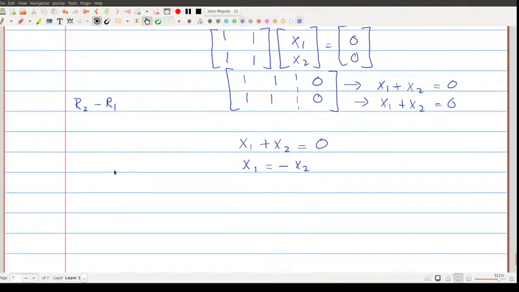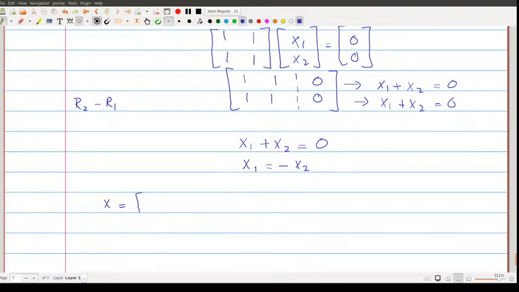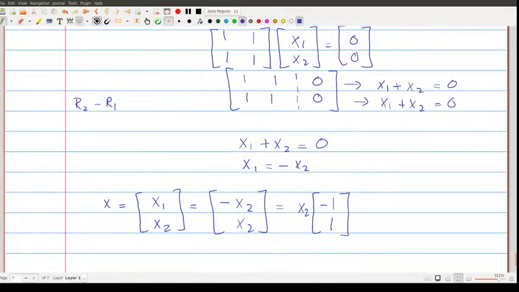If we write the solution down, the first entry is x1, the second entry is x2, so the first entry is negative x2, and the second is x2. Whatever x2 is, let's call it alpha, and we get negative 1 and 1. So here's my other eigenvector.